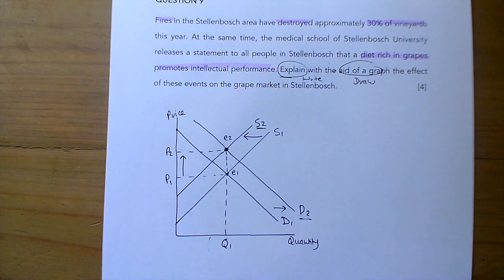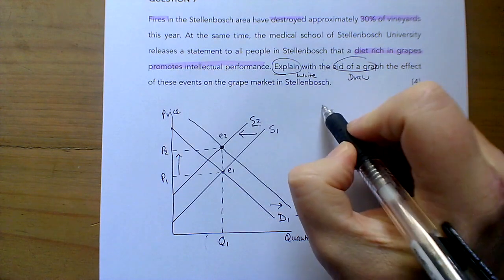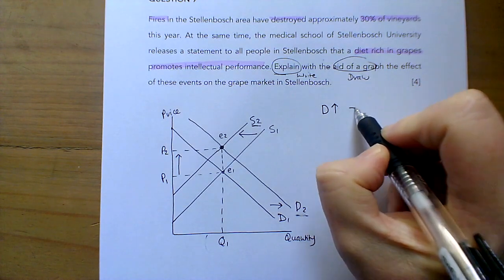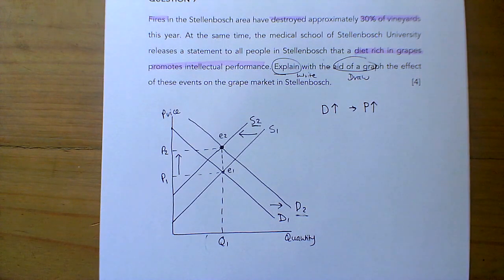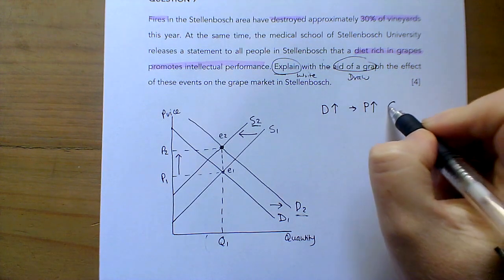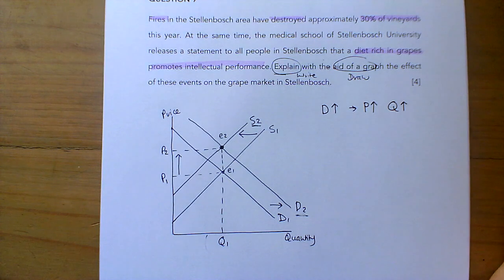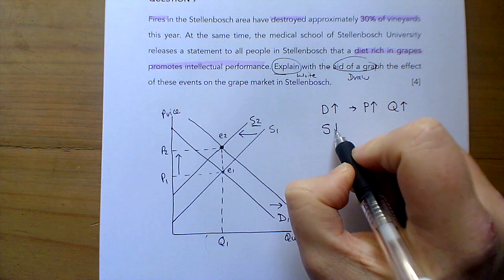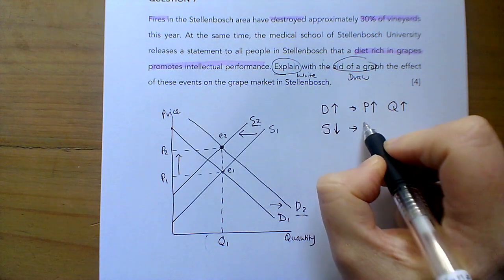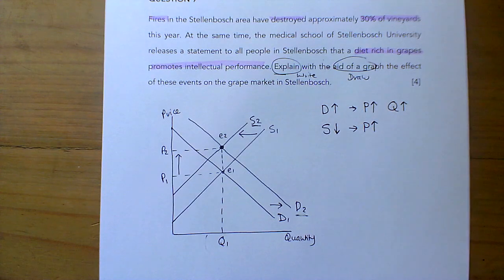And the reason why that is because an increase in demand would put upward pressure on price because it creates shortages. So that pushes prices up. And it increases quantity because more people want to buy this product. A supply decrease also puts upward pressure on price because if supply goes down, that would also create shortages.